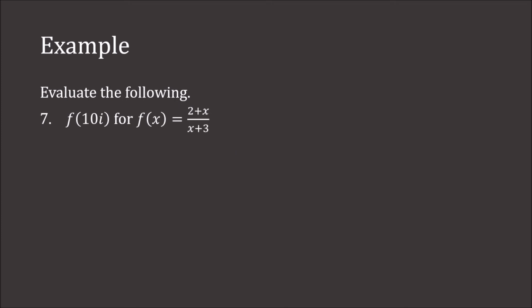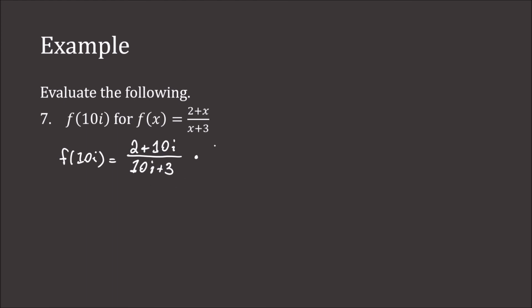All right, let's now evaluate the function 2 plus x over x plus 3 at 10i. So f of 10i is equal to 2 plus 10i over 10i plus 3. So we have to simplify this. We're not allowed to keep a complex number in the denominator.